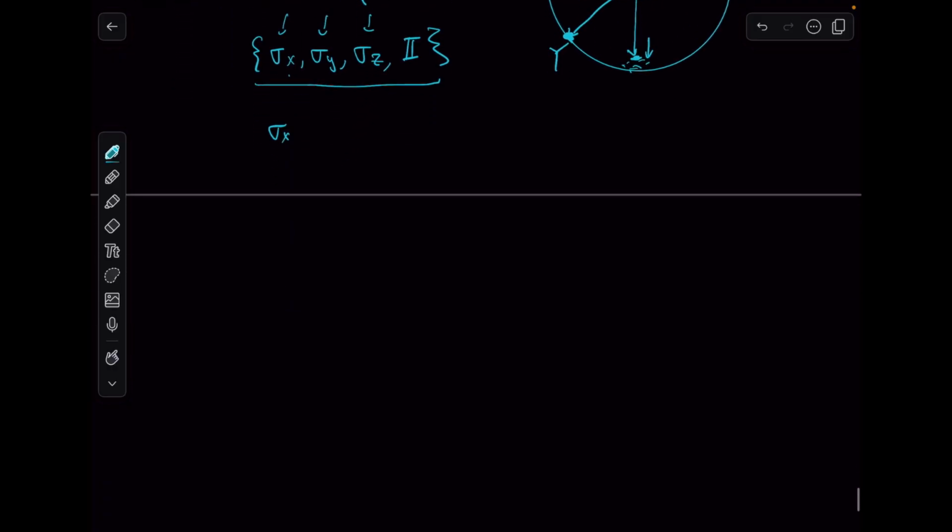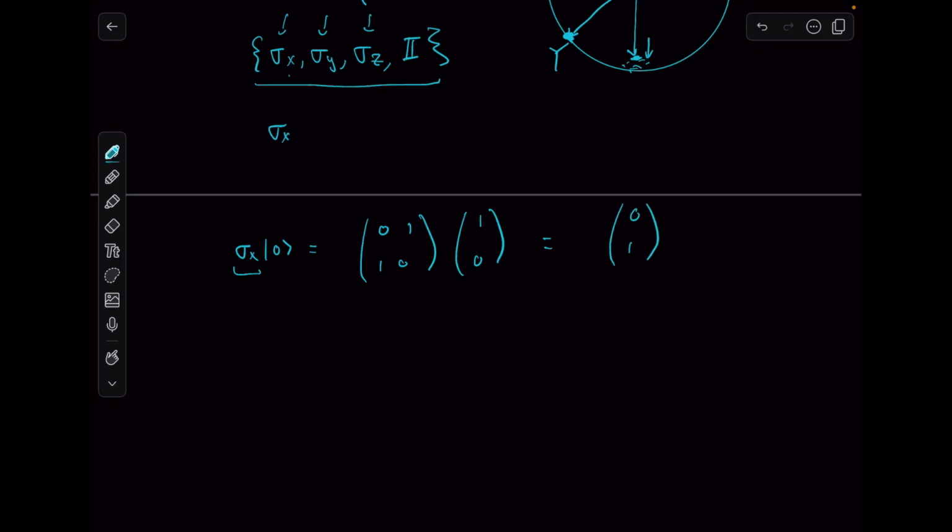So we could have some qubit in the 0 state, and let's say we want to apply this Pauli X operator. Well, this is going to give us the matrix that is represented by this operator, and then 0 in the computational basis, and you can quickly see that it flips our qubit.